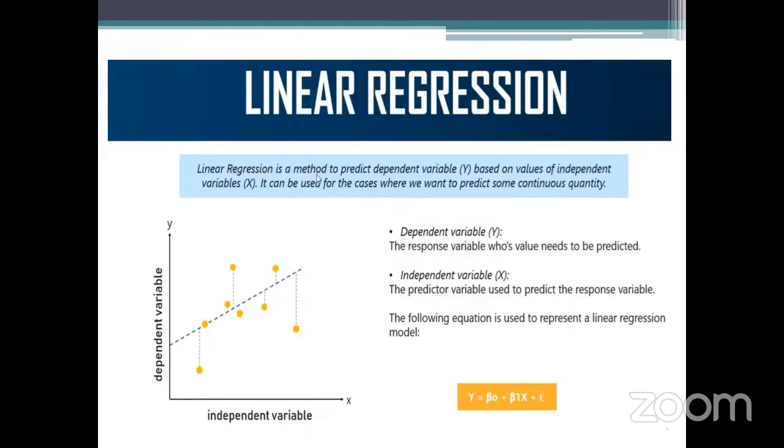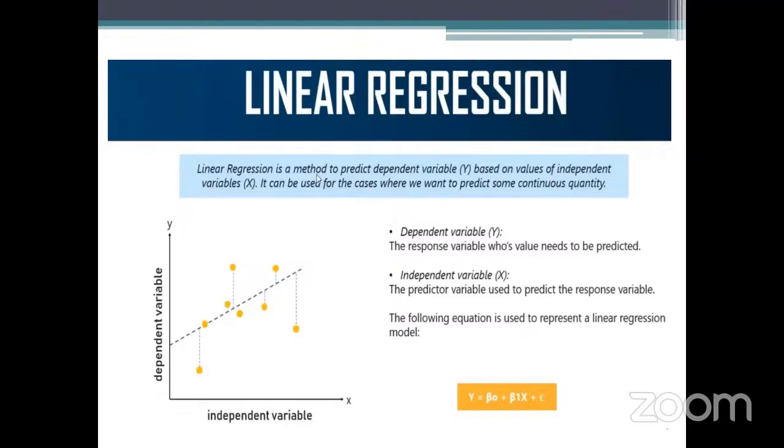So your stock price is going to be your dependent variable or your output variable, and time is going to be your predictor variable. Time is very important. Don't confuse them. Your dependent variable is your output variable. Dependent variable is the output variable.